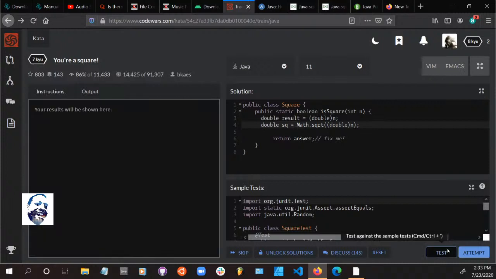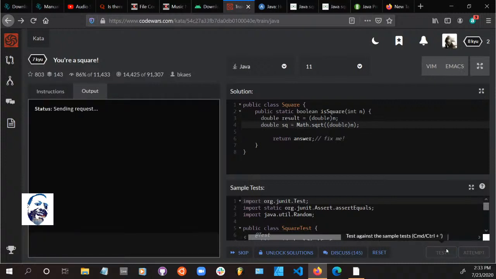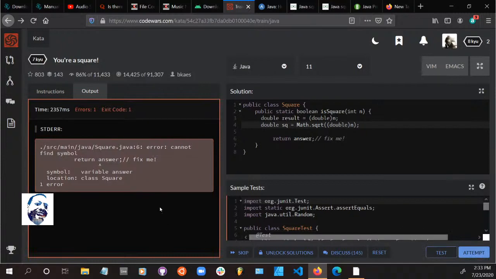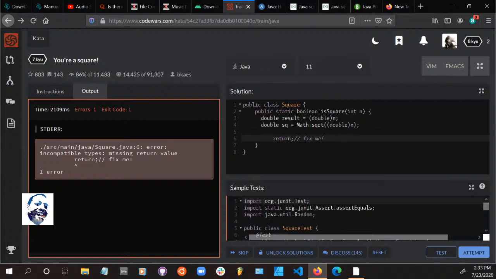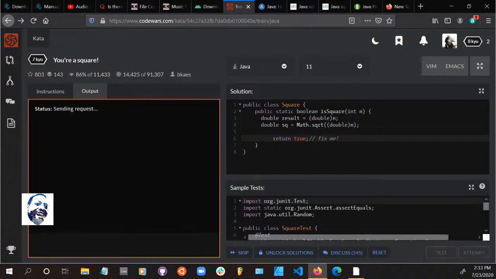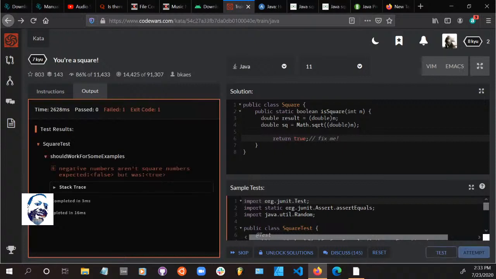It's just to test my syntax. I don't think this is right, but let's just test it. Okay, so the syntax right here is okay because I'm not getting any error up here. It's actually checking. Okay, so I did convert right.